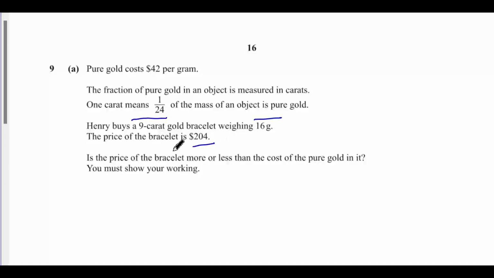Okay, so from there we know that 1 carat implies 1/24 of the mass of the gold, so it will be times 16. So this gives us the pure gold in 1 carat, but he has 9 carats.